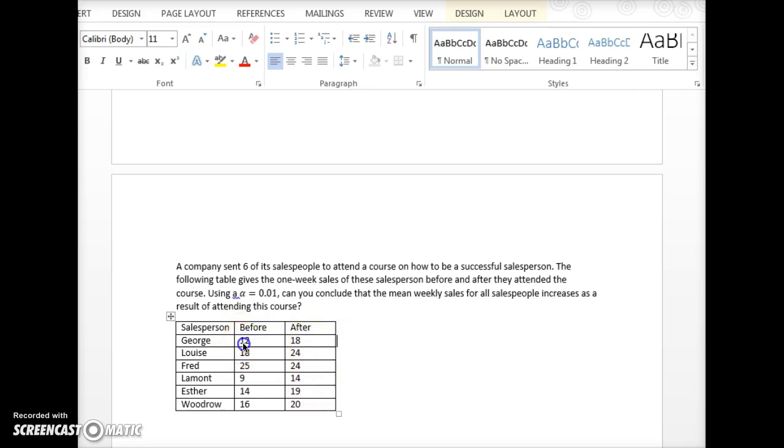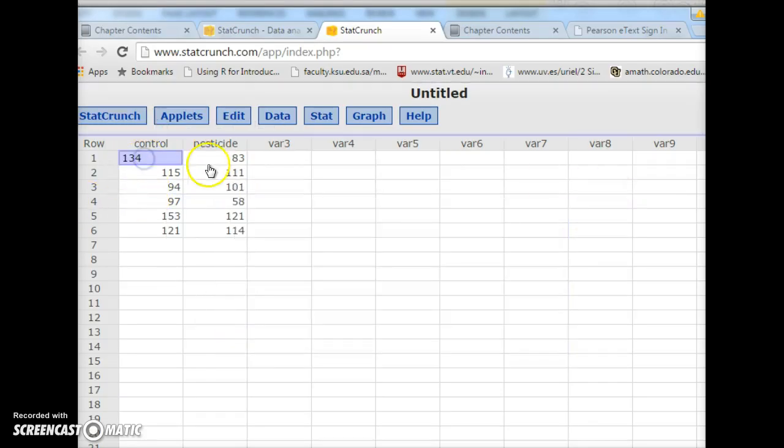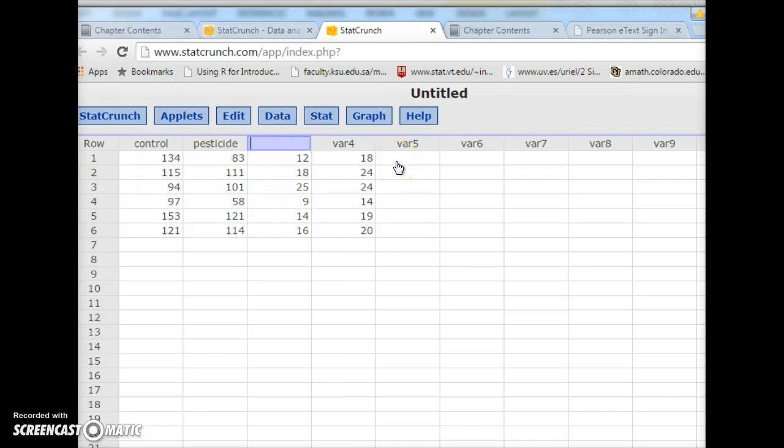So let's copy and paste this data again, just the values. We go to StatCrunch and I'm just going to paste this right here. So this was before and after.